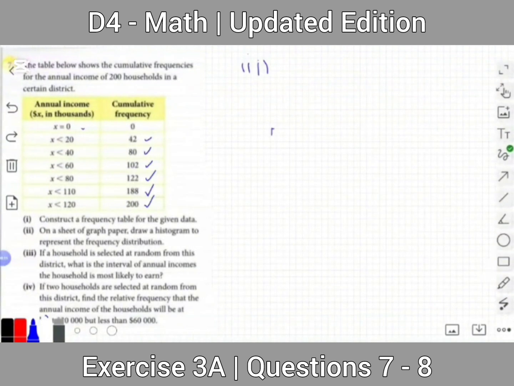Now in part 2, we are drawing a y-axis and x-axis. Along the x-axis, we will take annual incomes.